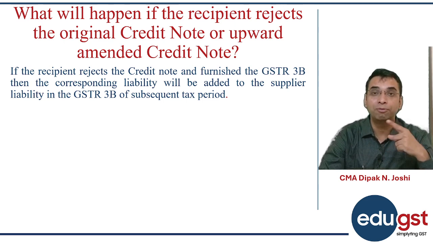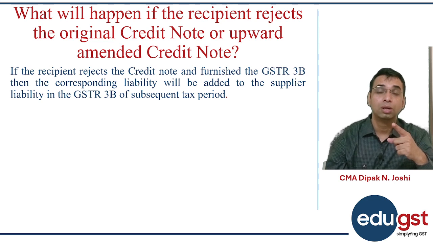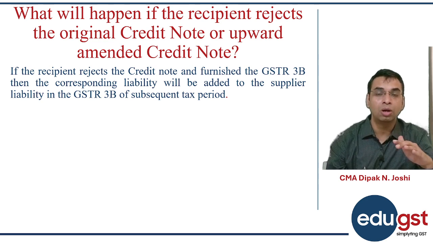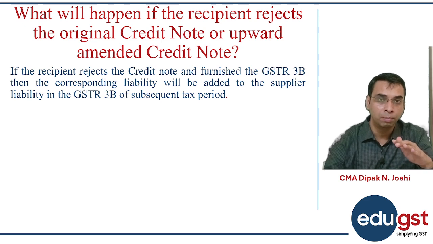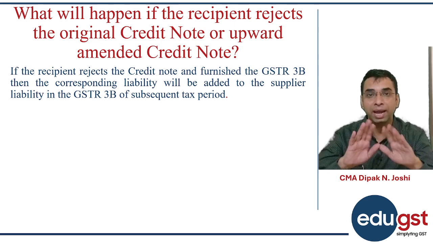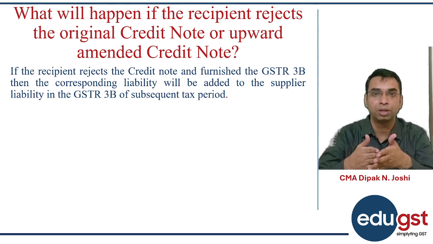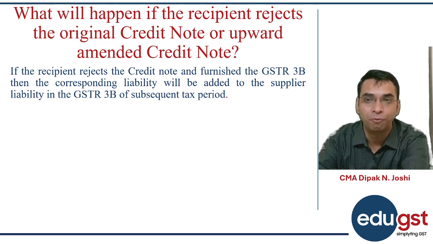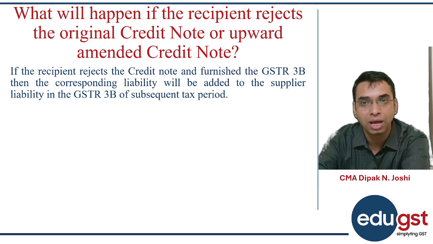That is almost after 1 year. So as of now, the planning is to make the taxpayer conversant with the system and then make the changes in the law. And that is why understanding this functionality is very much important as far as correct availment of input tax credit is concerned.